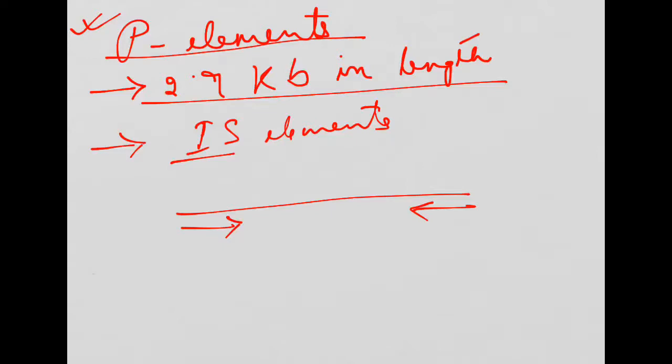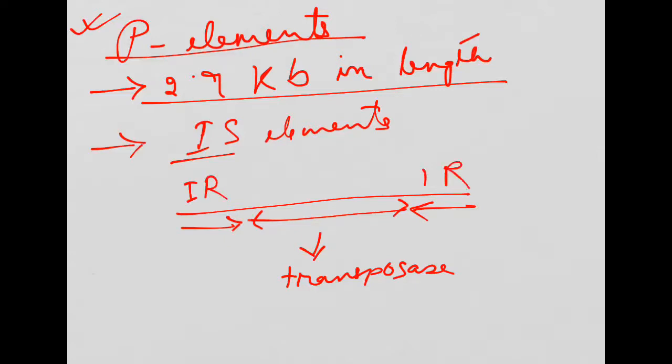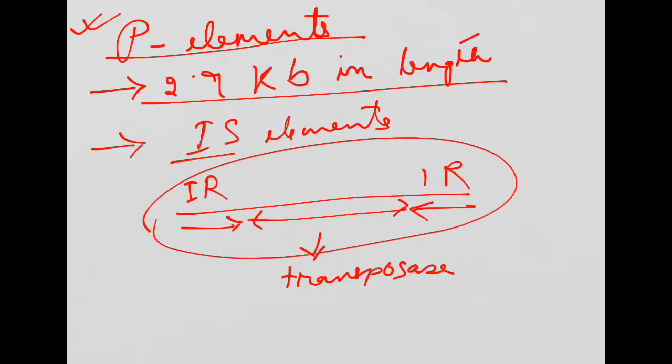This P element encodes a gene for transposase enzyme, and there will be inverted repeats on both the ends. The structure is very simple, just like IS elements.